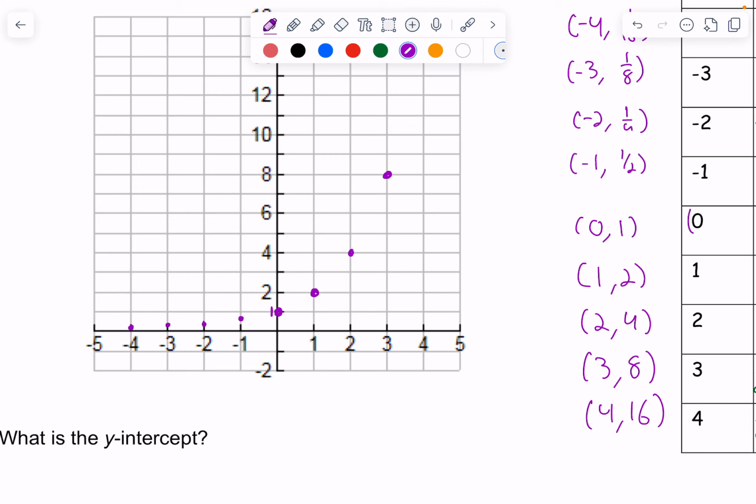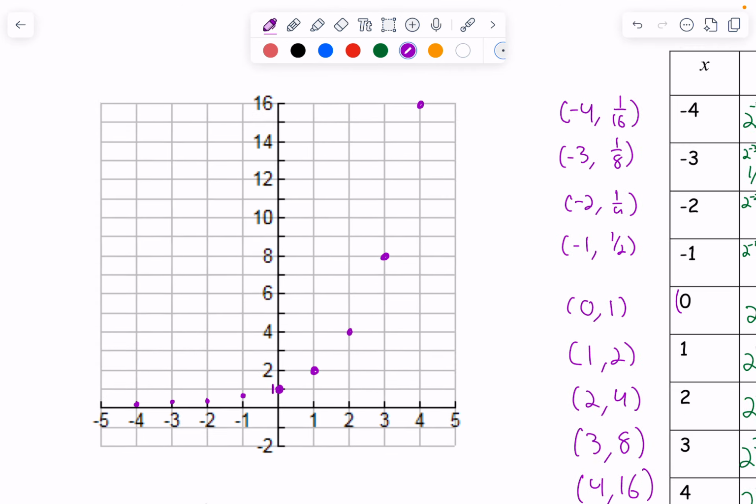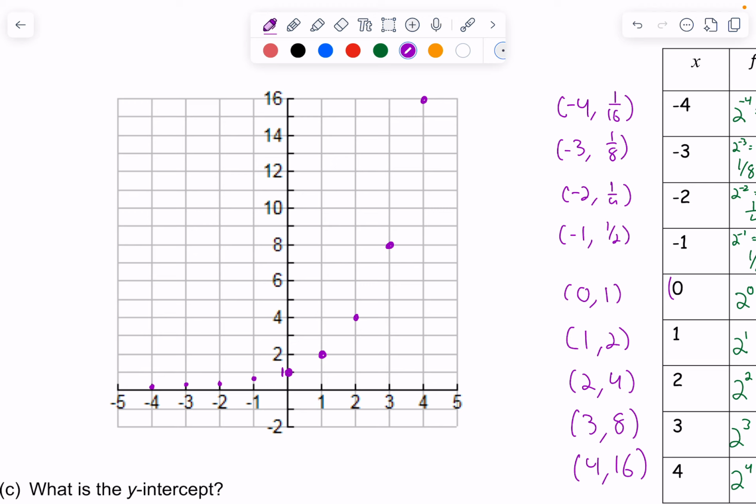And then 4 and 16, way up top here. Okay, so let's connect our dots now. There we go. Now, like any other function, you need to include your arrows on both sides of this.